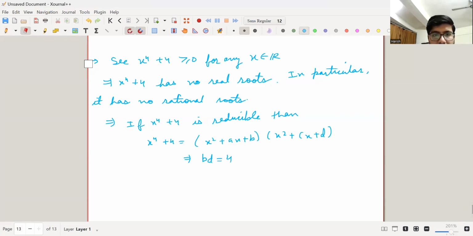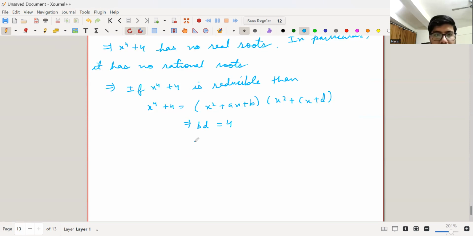Because bd will give you the constant term, and it has to be equal to 4. And this implies that, so let's try with b equal to d equal to 2.